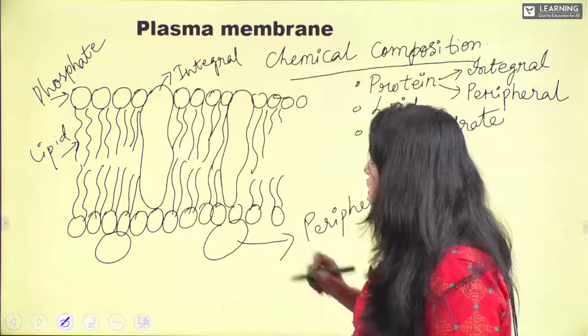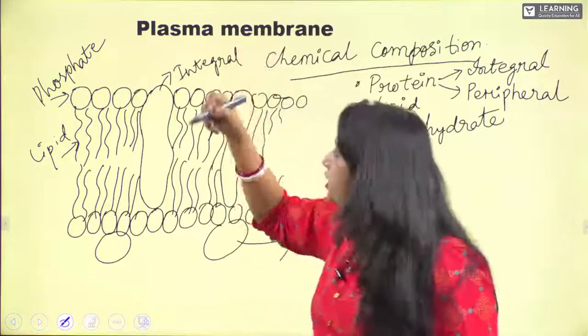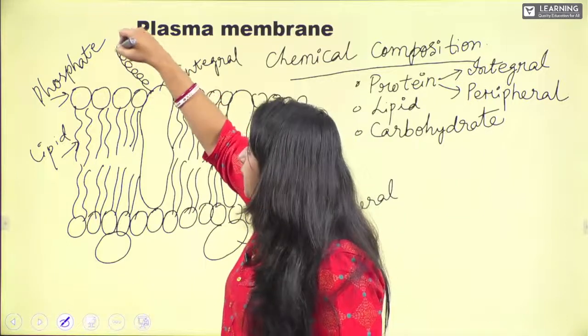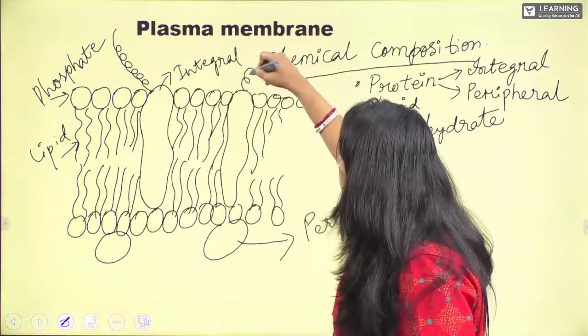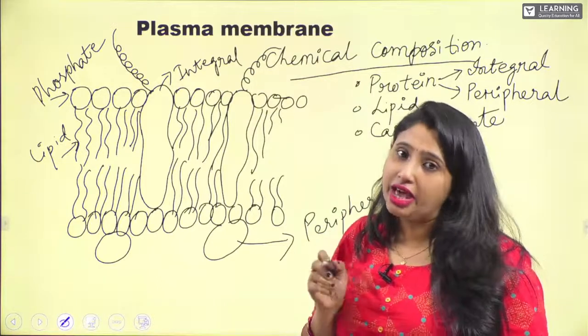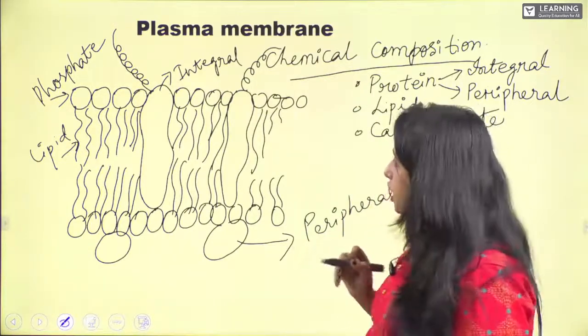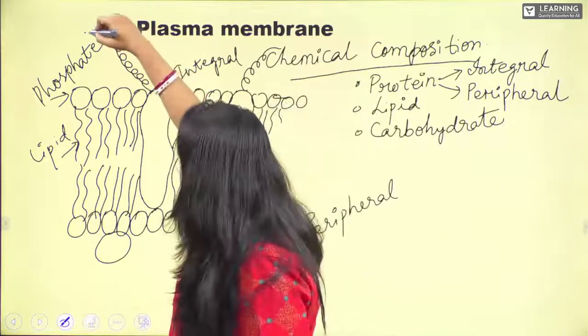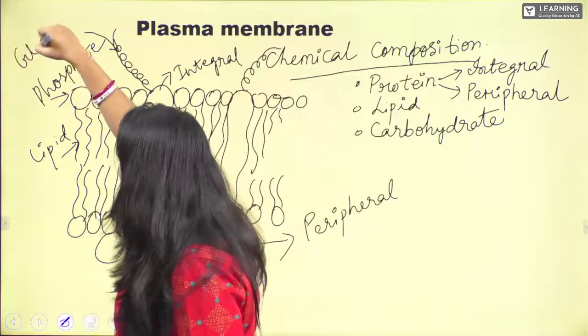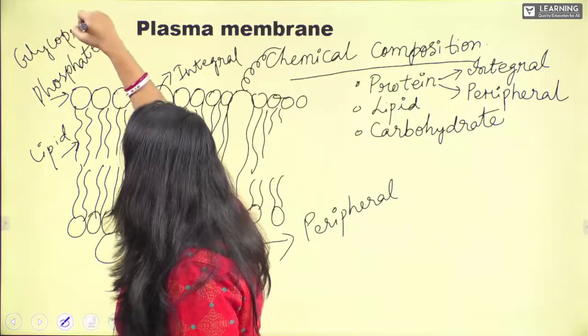Here you will find that some sugar molecules are attached to the protein. They are known as glycoproteins, okay? Since they are attached to the protein, they are known as glycoprotein.